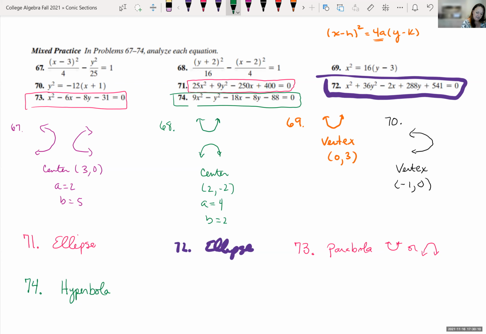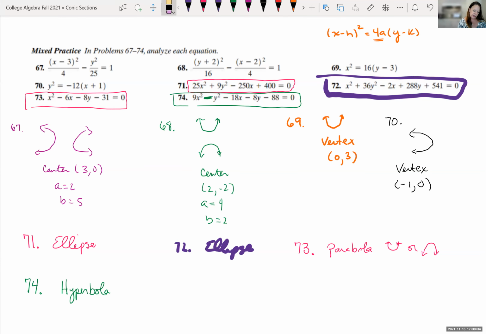Right now, it's the y value that has the minus in between, so that tells me it's probably going to be facing towards the x-axis, but I'm not really sure, because when I complete the square I could be dividing by a negative and that would swap my sign. So I'm not quite sure, but I know that this is a hyperbola.